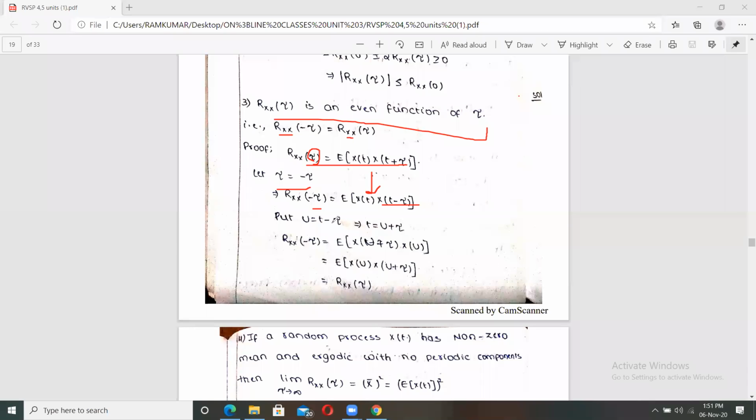Now substitute u is equal to t minus tau. That implies t is equal to u plus tau here.